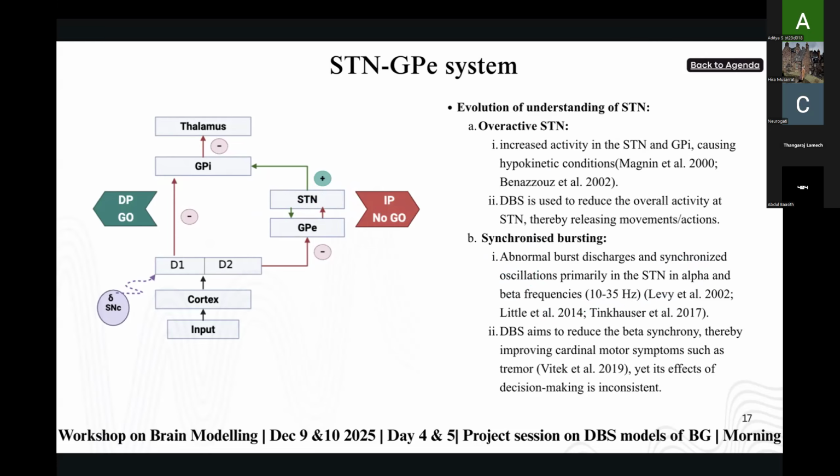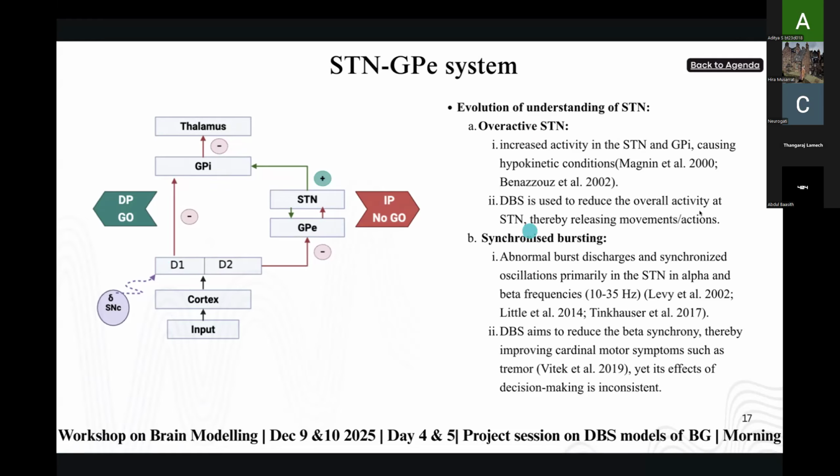Do you guys understand what is meant by bursting? Bursting is basically some kind of chattering behavior. That is, all neurons fire together and stop, fire together, stop, fire together, stop. I'm sure you would have seen it in day one tutorials or even in the sessions. One kind of neuron firing is where it fires, stops, fires, stops.